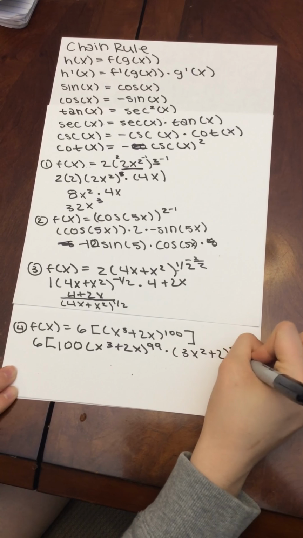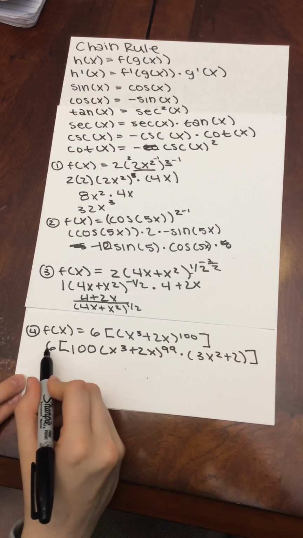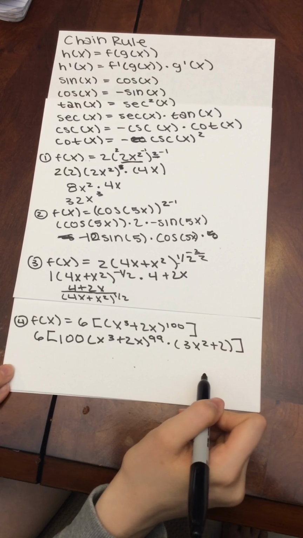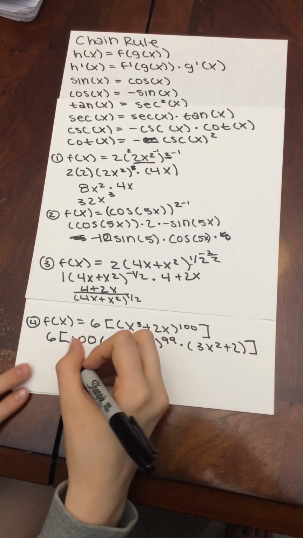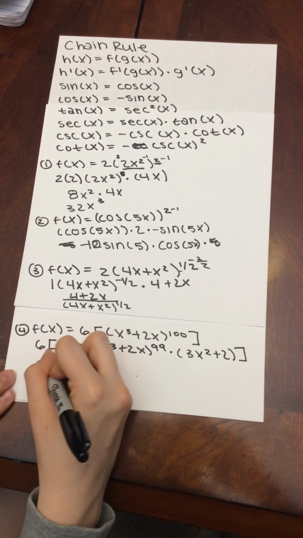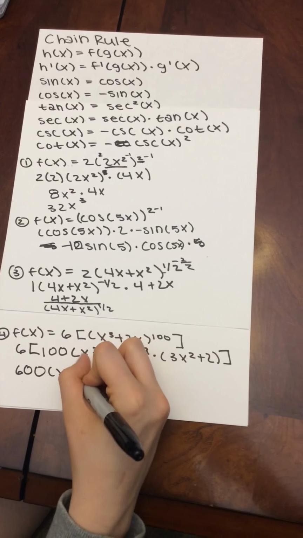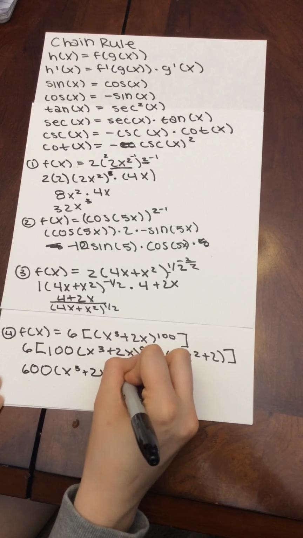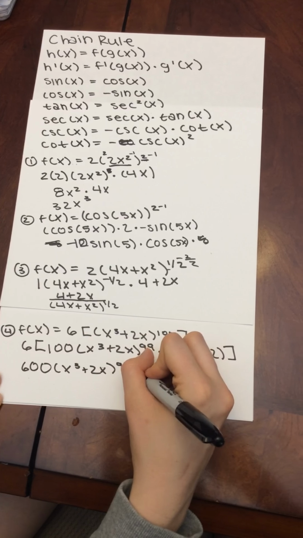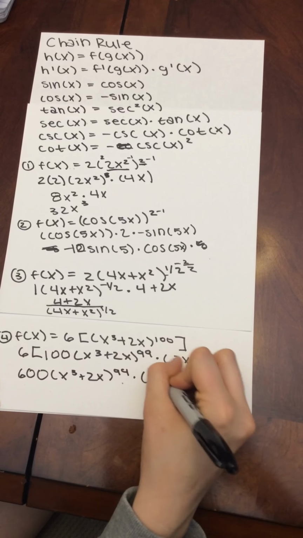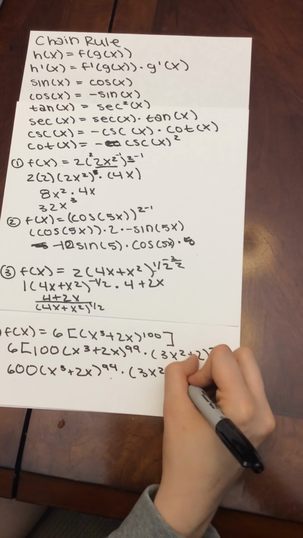And then you're going to close this off. So once you multiply the 6 by the inside, you're going to get 600 times (x to the power of 3 plus 2x) to the power of 99 times (3x squared plus 2).